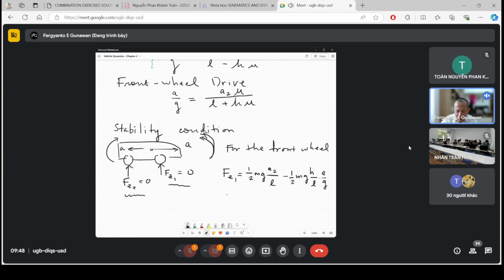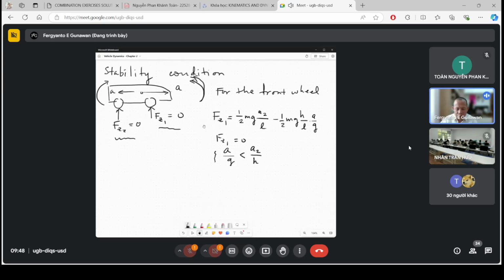If we set this equal to 0 for the stability condition, then we can easily see that the maximum acceleration divided by g should not exceed a2 divided by h. This is the stability condition for the front wheel.